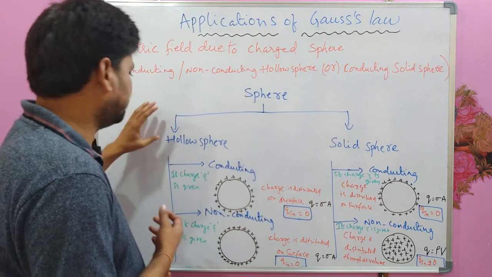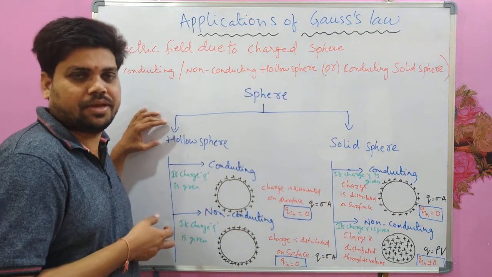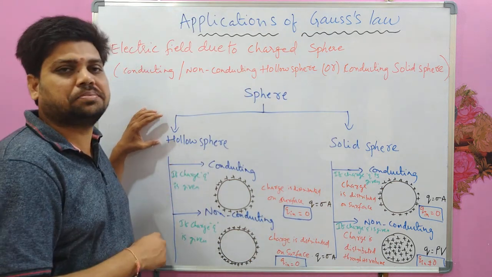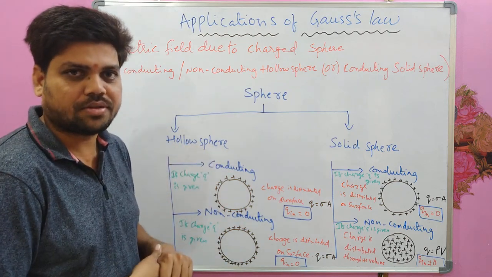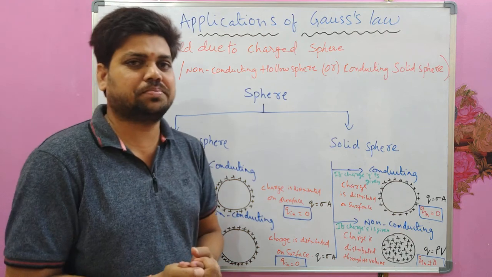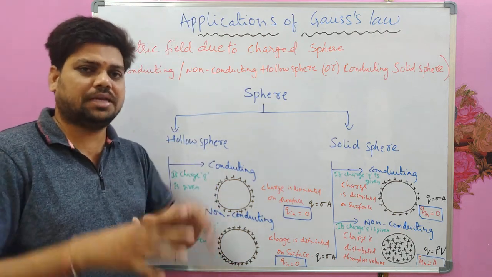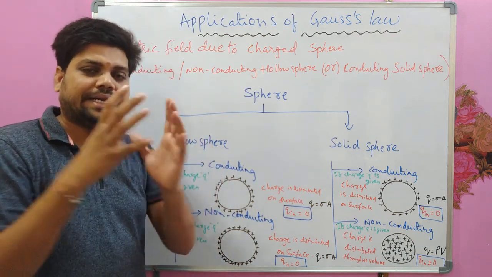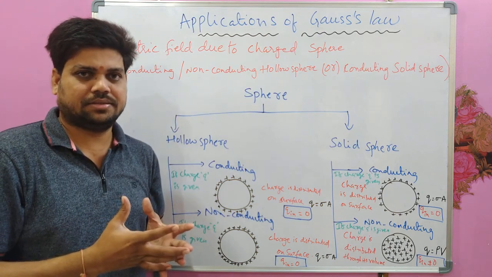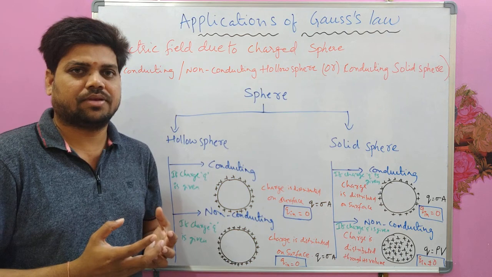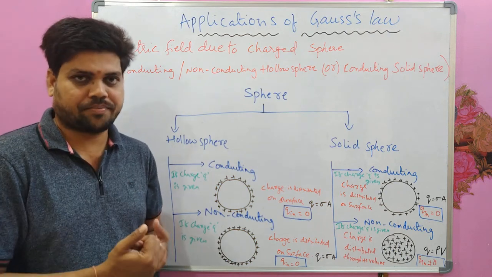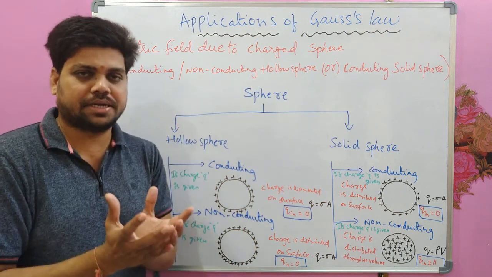For example, a hollow sphere can be a conducting hollow sphere or a non-conducting hollow sphere. What is a conducting hollow sphere? It means that the sphere material is conducting, conducts electricity or charge, just like a metal sphere.